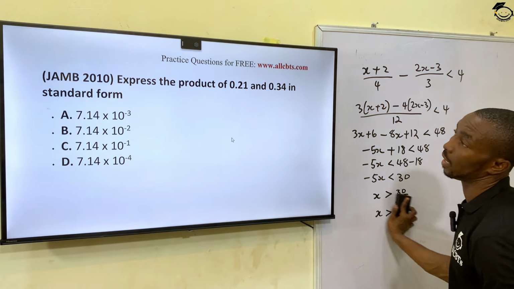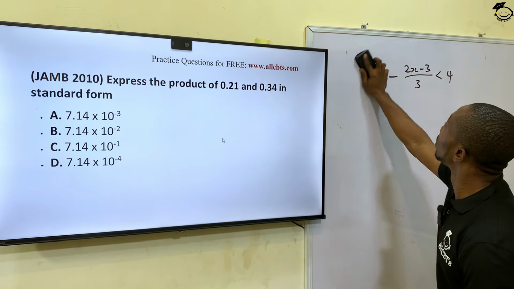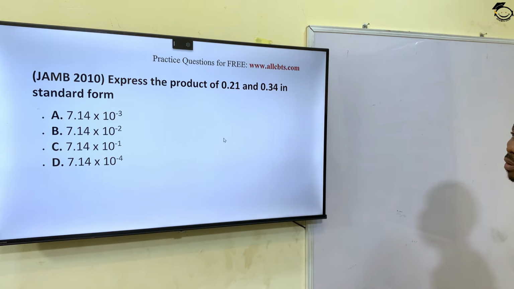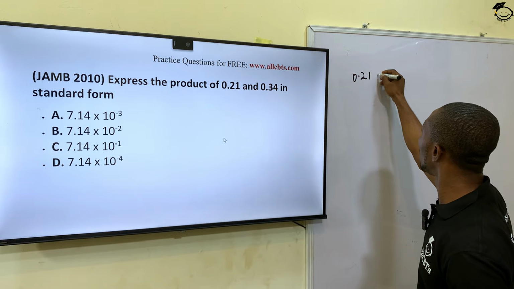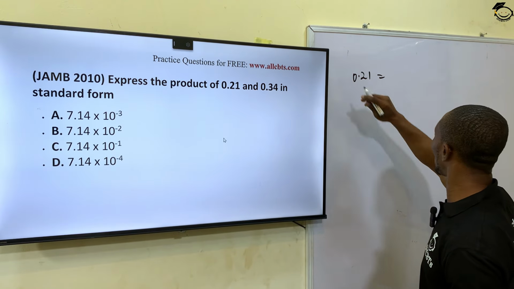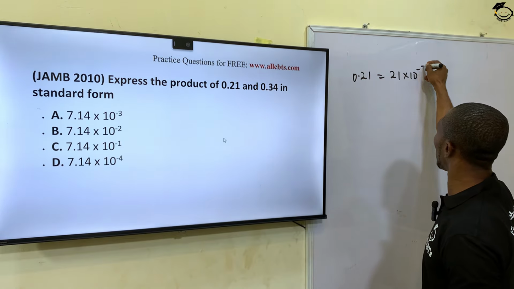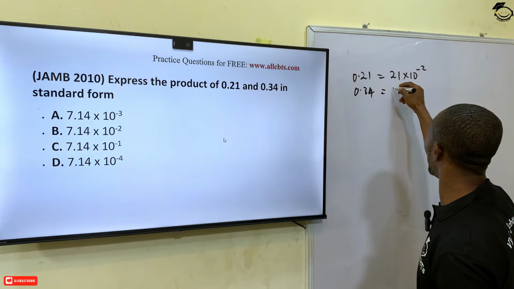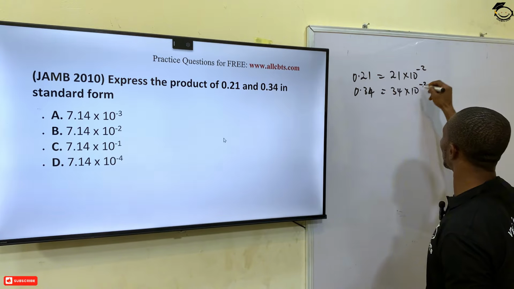Now from 2010, it says express the product of 0.21 and 0.34 in standard form. Now we have 0.21 and putting it as a whole number, this becomes 21 times 10 raised to the power minus 2, and 0.34 as a whole number will become 34 times 10 raised to the power minus 2.